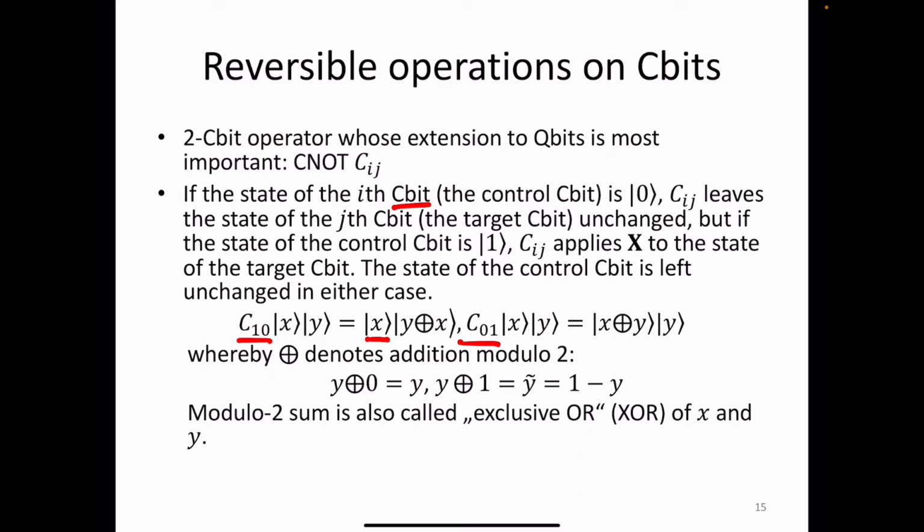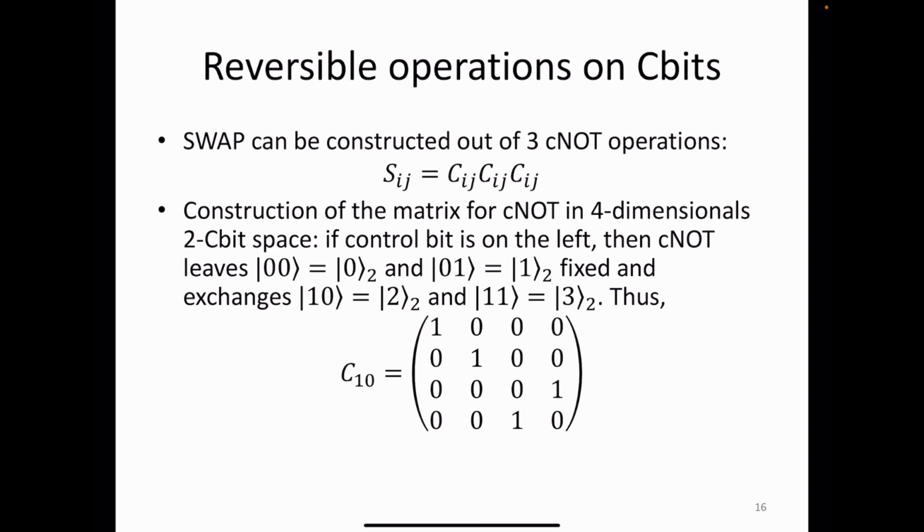And this symbol here is just the modulo operation, so it denotes addition modulo 2. And as we just said, it's called exclusive OR, which you probably know from computer science. It's also interesting that sometimes you can combine multiple operators to create a new one.